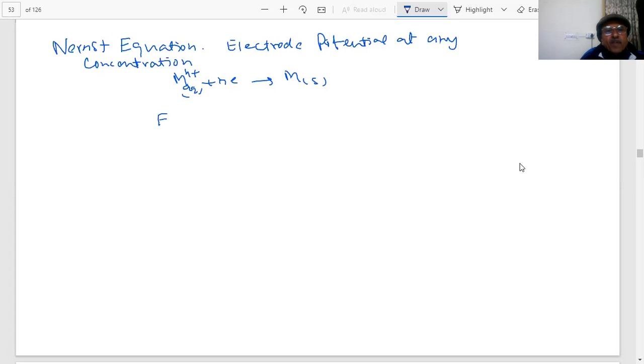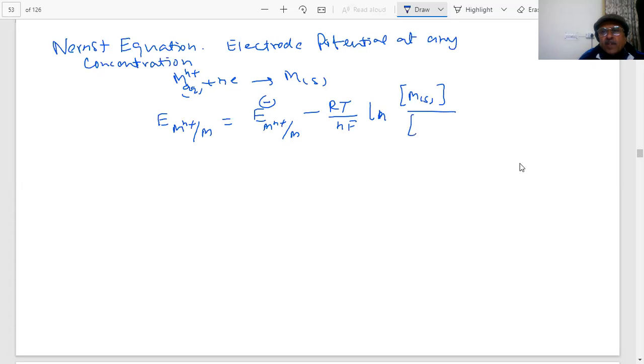Then Mn+ at any concentration was proposed by the Nernst equation, which says E equals the standard electrode potential value, minus RT over nF of ln, natural log, of M divided by Mn+. The value of the solid is taken as 1, it is constant, and it comes out to be E naught Mn+/M.